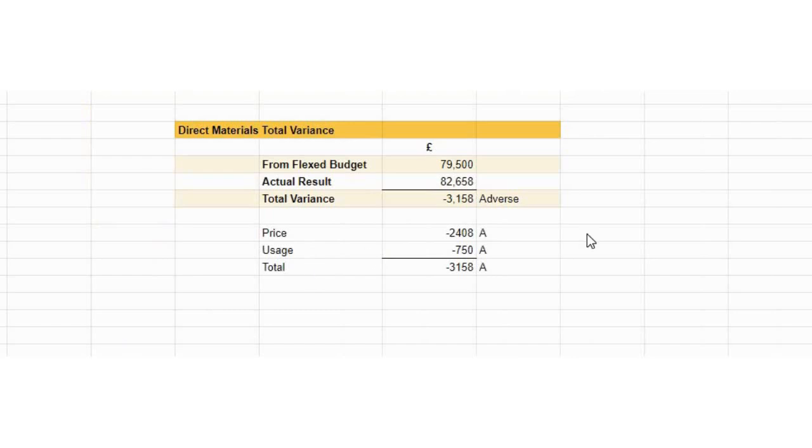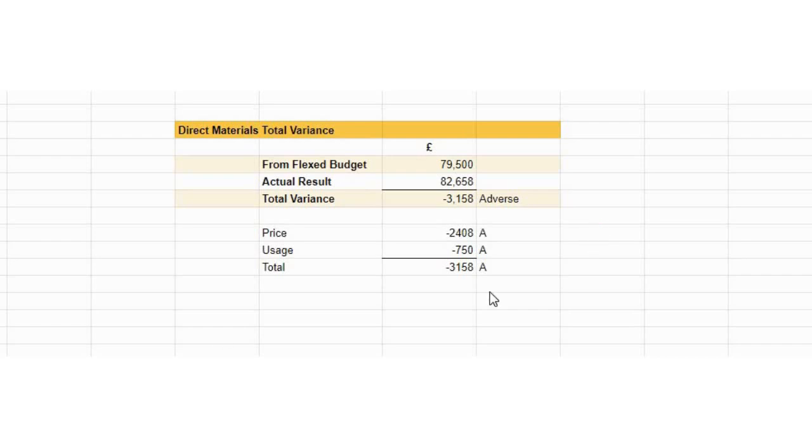So what do these analysed variances mean? Well, the price variance is adverse, and it's telling us that we paid £2,408 more than we expected to pay for the price of the materials that we purchased. And it's also telling us that in pounds we used £750 worth of material more than we expected to use.